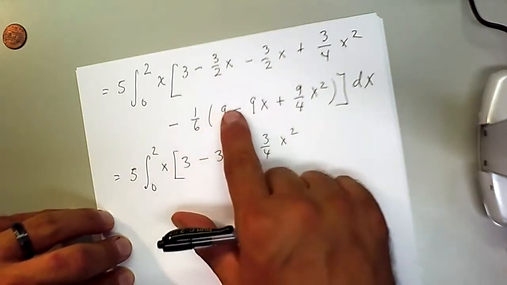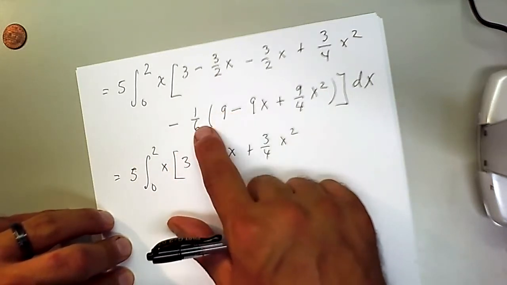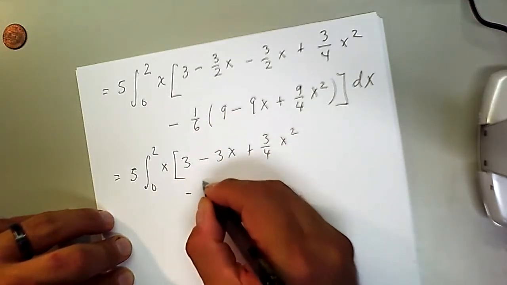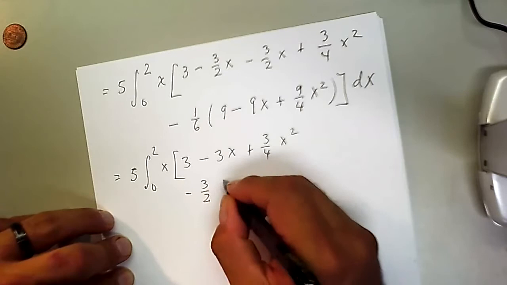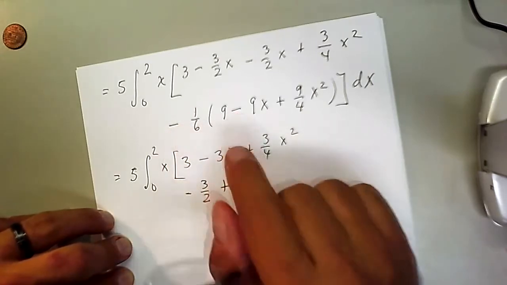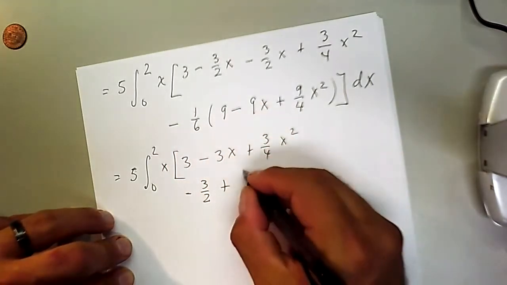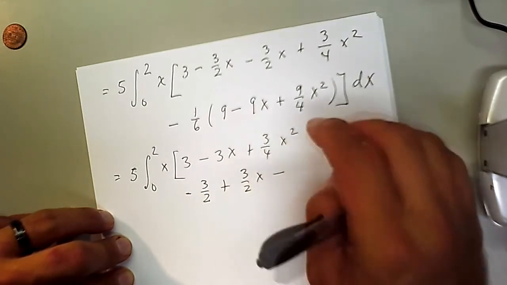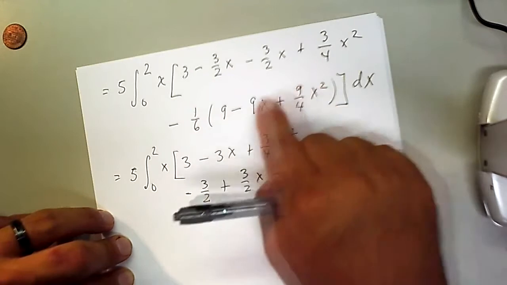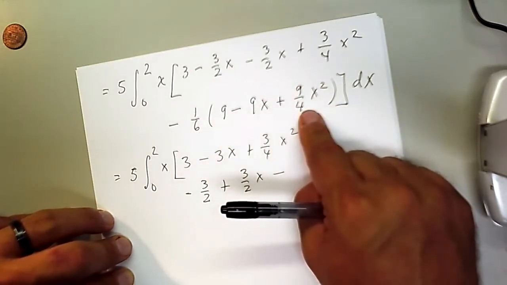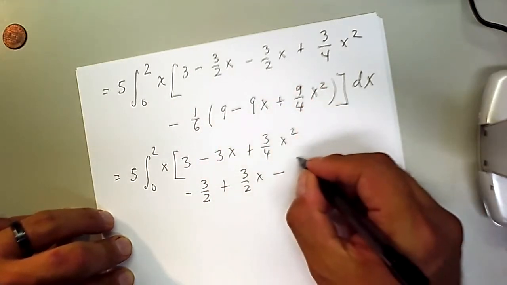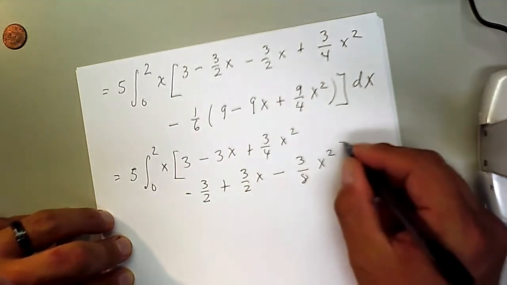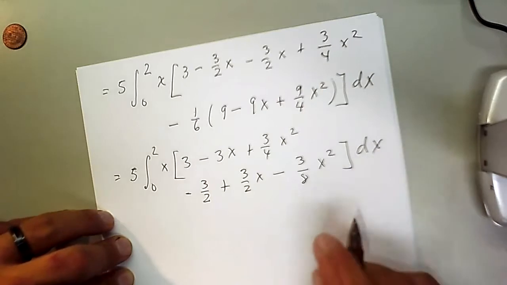So we have 9 over 6, which is really 3 halves, minus 3 over 2 plus, because we have a negative times a negative, again 3 halves. And then minus 3 halves, but then there's an extra 4. So that makes 3/8 x squared, close the bracket, dx.